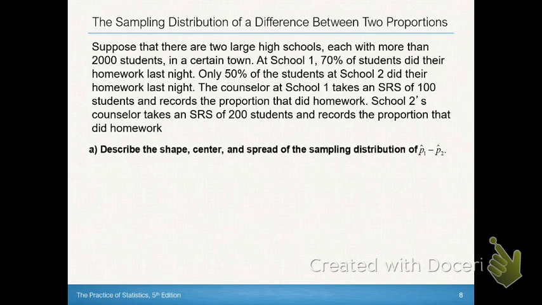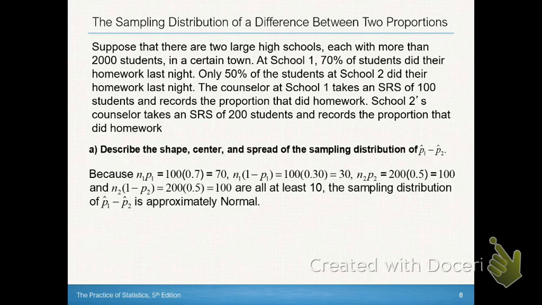If we look at the example that we started with, where we've got our two schools, we've got our two proportions and our two sample sizes, and we want to come up with the shape, center, and variability for the difference in proportions. So we check our sample size times our probability of success, and times our probability of failure, for both, and they all need to be greater than or equal to 10.